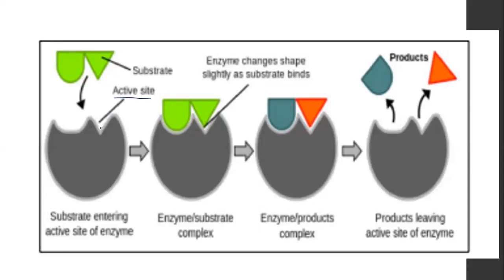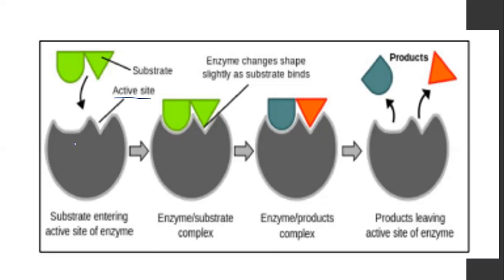The active site is where the substrate will be able to fit, because we know that this enzyme is specific to this substrate. So that means there is no other substrate that will be able to fit over here, because other substrates are going to come with different shapes, and therefore they wouldn't be able to fit on the active site of this enzyme.